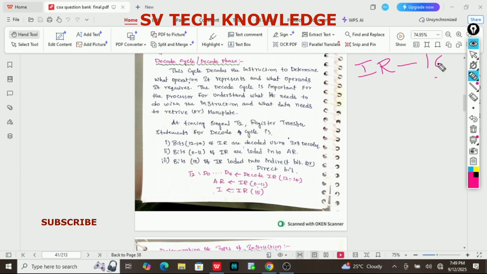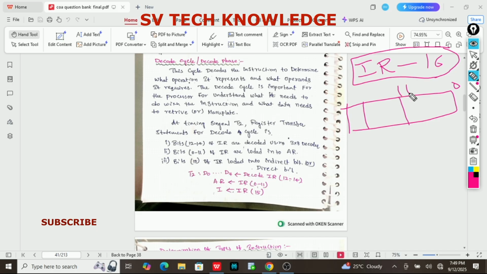These 16 bits are divided into 3 parts: bits 0 to 11 are one part, bits 12 to 14 are the second part, and the last bit, the 15th bit, is called the indirect bit I. Bits 12 to 14 are called the opcode, and bits 0 to 11 are called the address field. So the instruction register is divided into 3 parts.